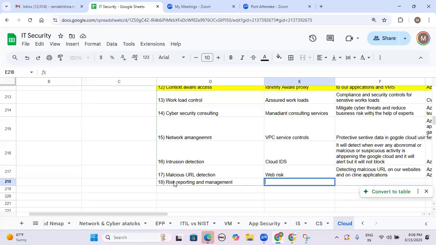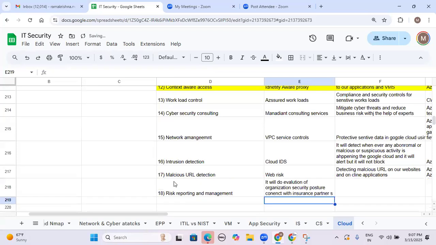It will do evaluation of the organization's security posture. After identifying the security posture, it will connect with insurance partners, because we need not pay the money.